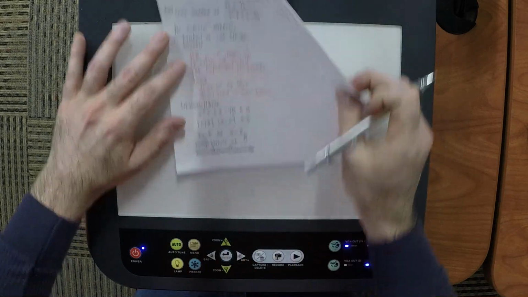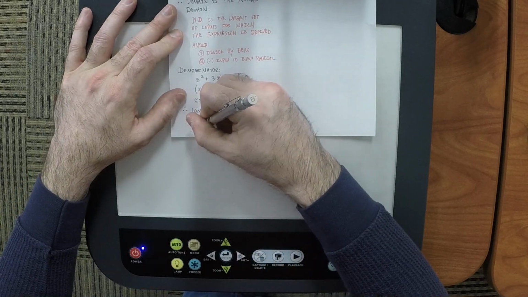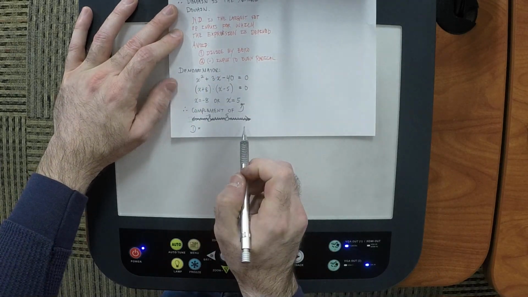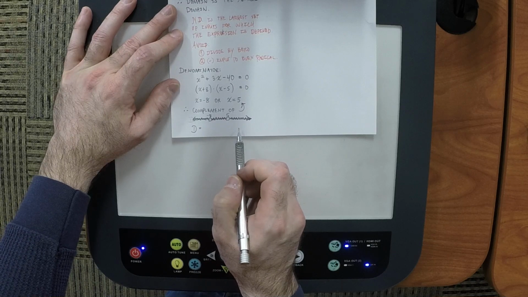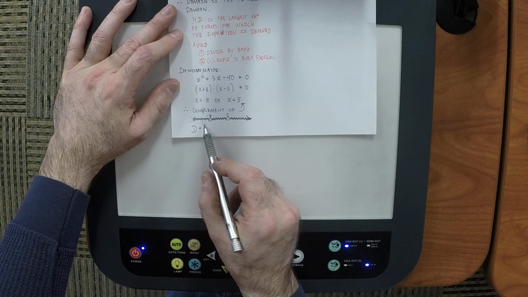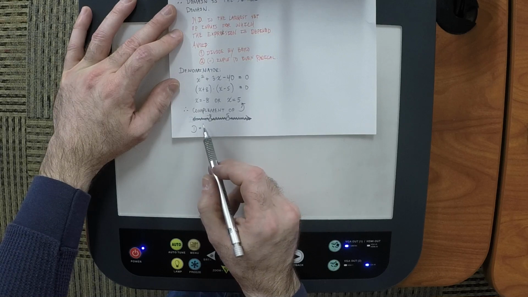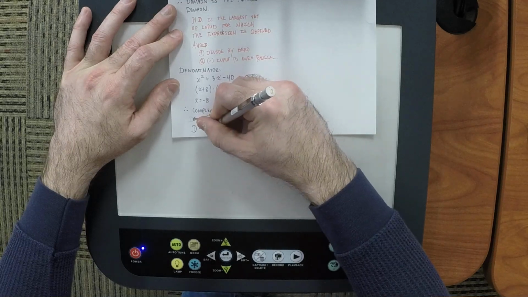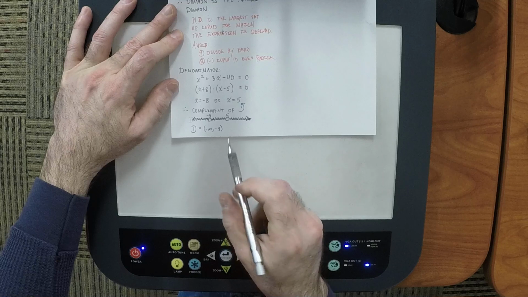And then how could we write that in interval notation? So it'll be 3 pieces. The leftmost piece would be negative infinity to negative 8.